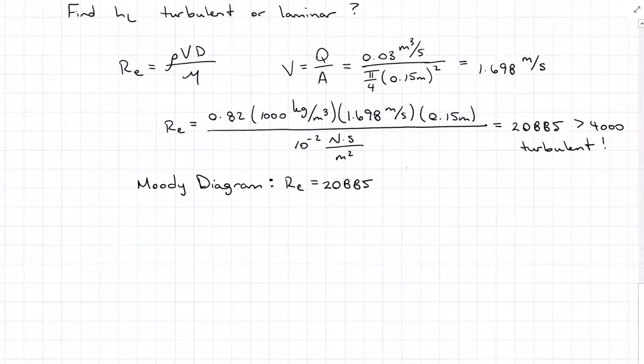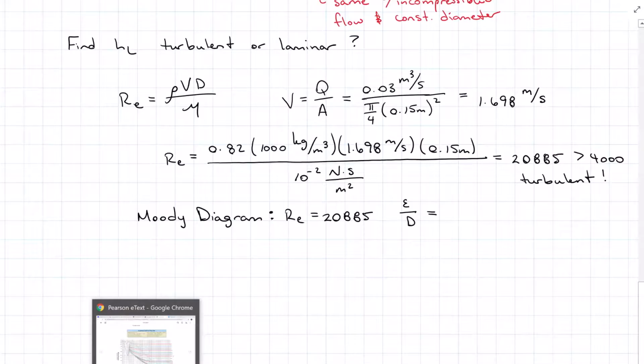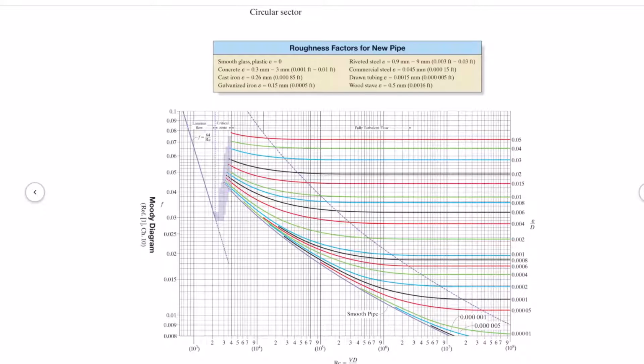And we need our relative roughness. So coming back to the roughness factors, we see here for commercial steel, we have a roughness of 0.05 millimeters.